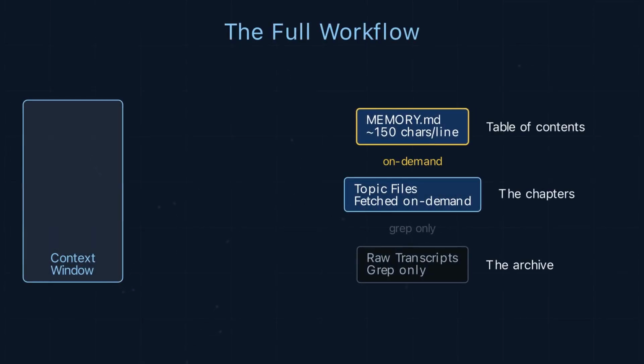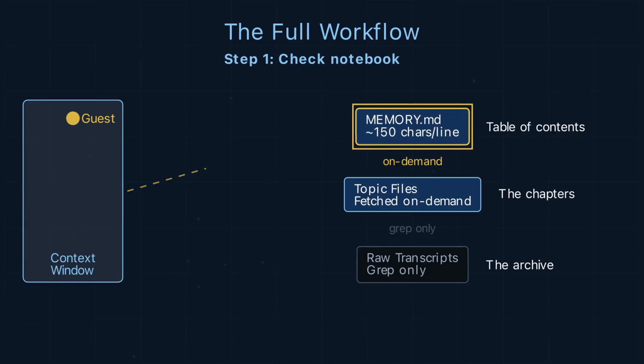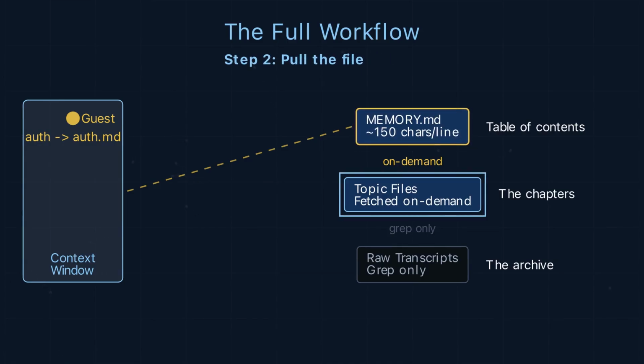A guest arrives. They want to continue working on the authentication module. Step 1. The concierge checks the pocket notebook. There it is, auth system, see authsystem.md, last updated April 3rd, instant recognition. Step 2. The agent fetches authsystem.md into the context window.